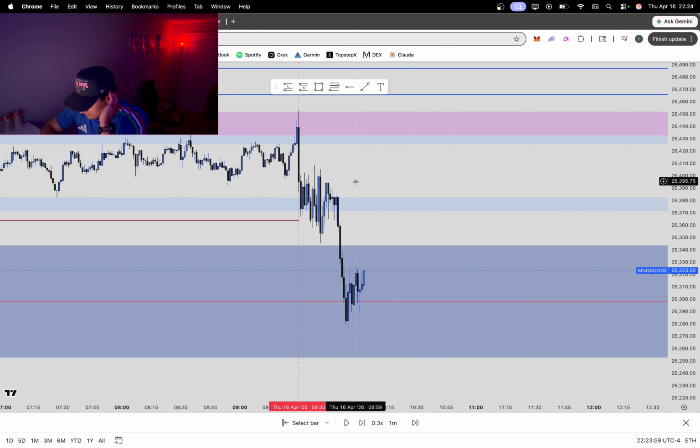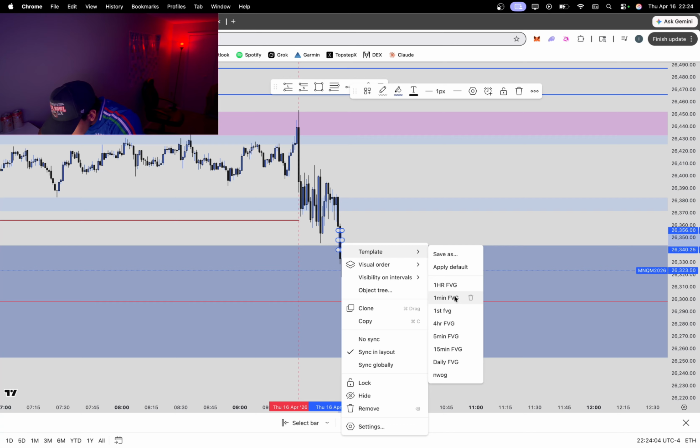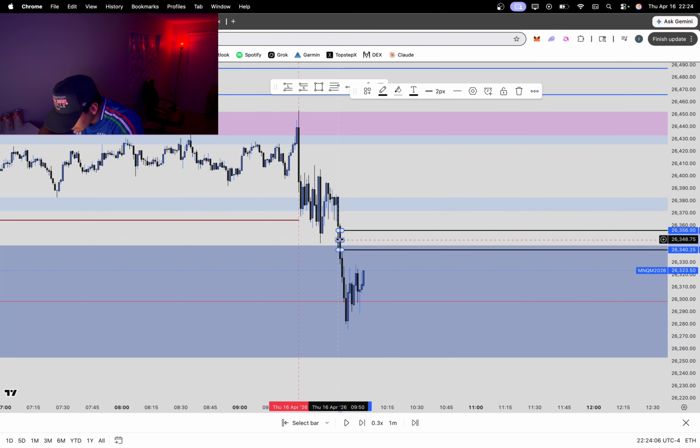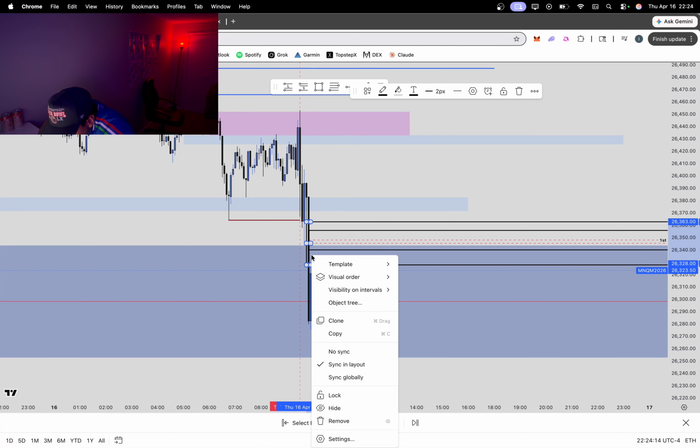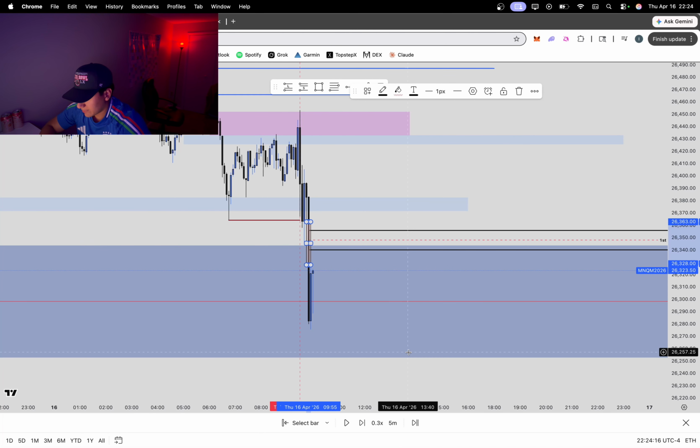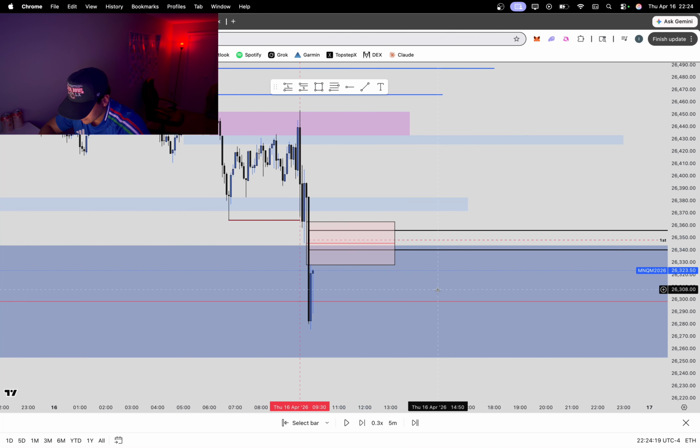Boom, whatever. I mark out this first percented fair value gap. And in that leg down, we create this 5-minute. So I'm just going to put a yellow line there.